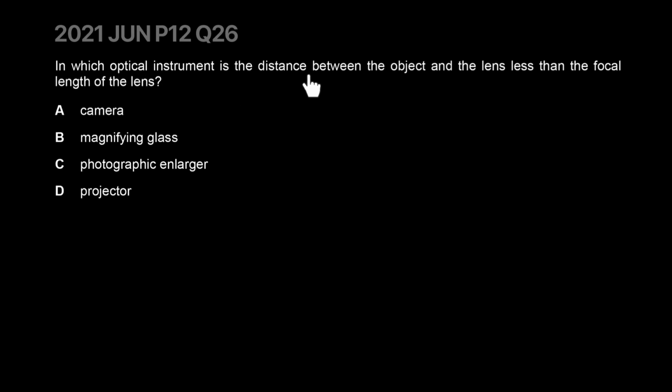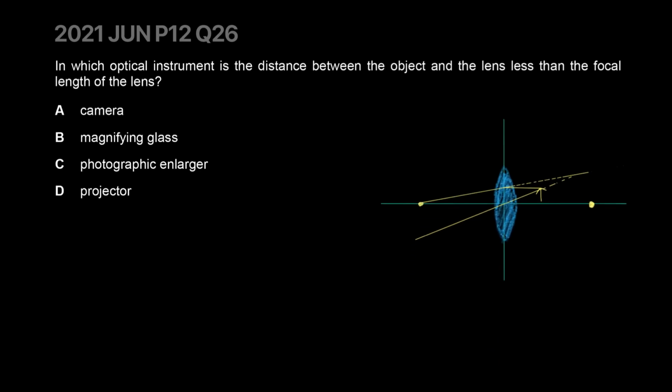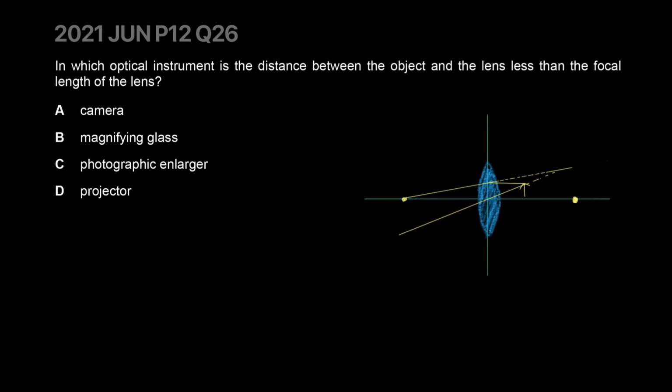In which optical instrument is the distance between the object and the lens less than the focal length of the lens? So if I keep it here like that, in this diagram we see the object is here, and the horizontal line touching the lens and being refracted will go towards the focal point, and the one going through the center goes straight.